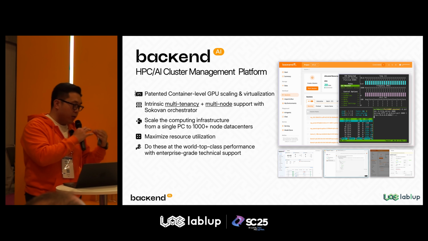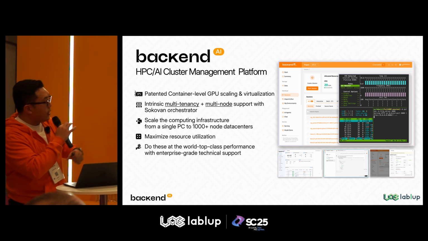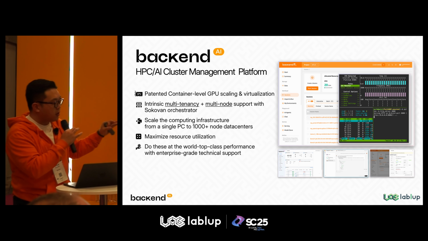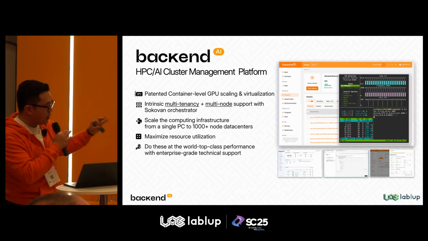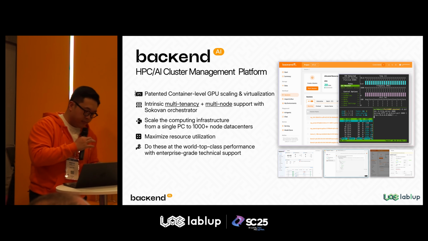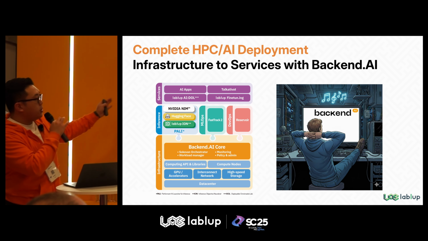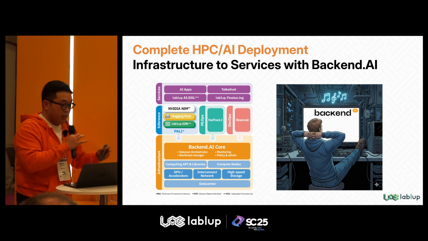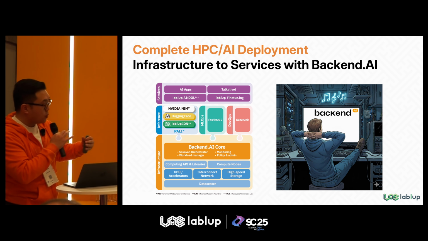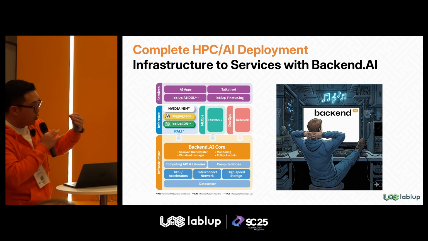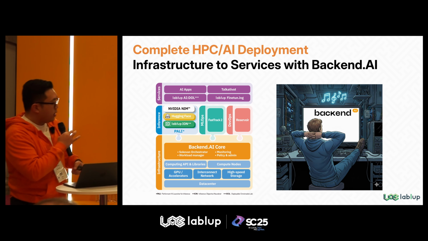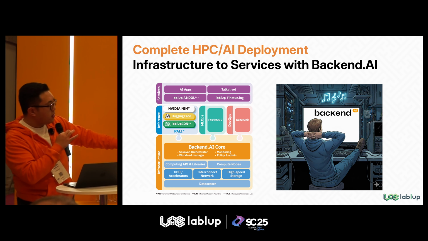Plus, above our core is the AI cluster management platform, and our enterprise-grade technical support is included as top-class performance. Our goal is to make it hassle-free. The administrator should lean back and enjoy, and it will keep running automatically by our own scheduler and orchestrator.